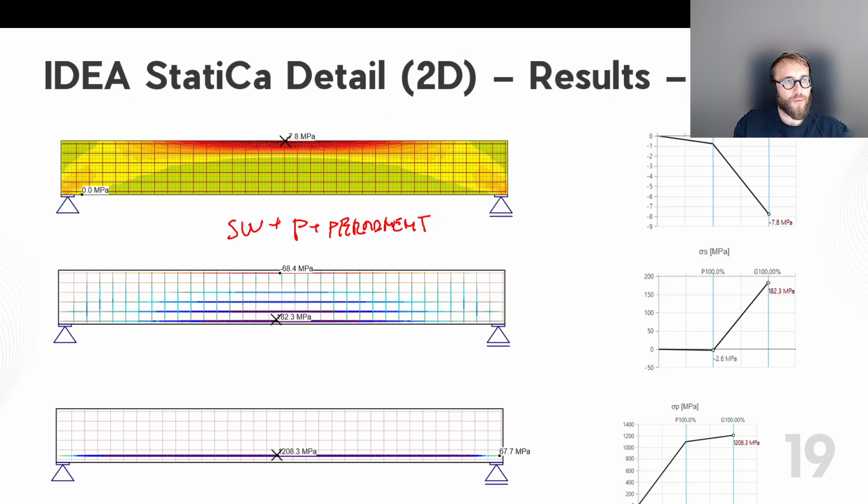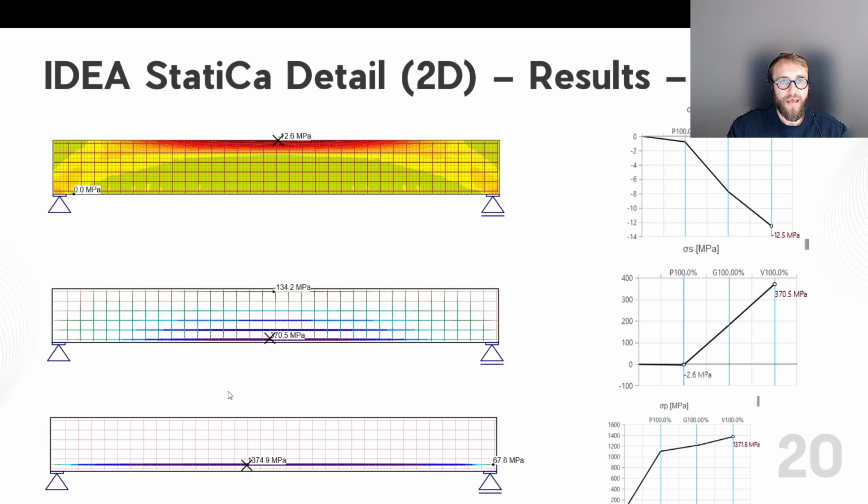On the top it is 20 kilonewton per meter, and you're able to observe that the stress on the top here is 7.8 megapascal under compression, and in the bottom rebars, the maximal stress is 182.3 megapascal. Also, the stress level in the tendons has been marginally increased thanks to the additional loads that have been added on top of the beam.